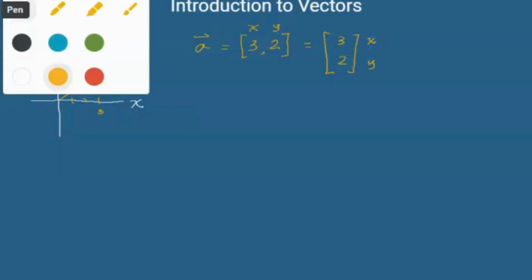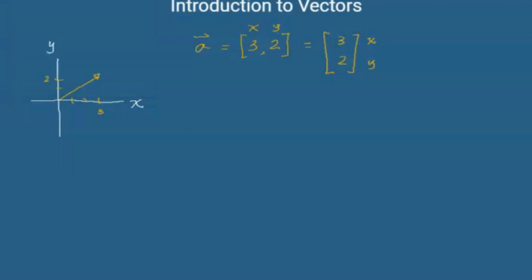Now let's say we have vector B. Let's say our vector B has an x and y component of negative 3 and 4. So again, if it's written vertically, the first number is x, the second number is our y.